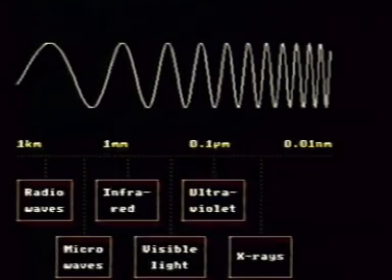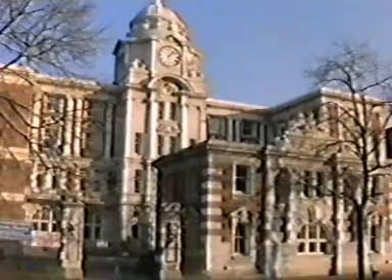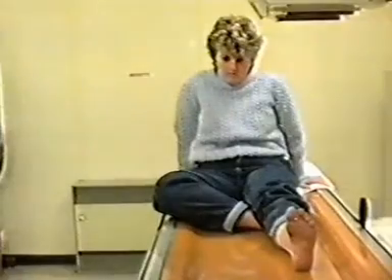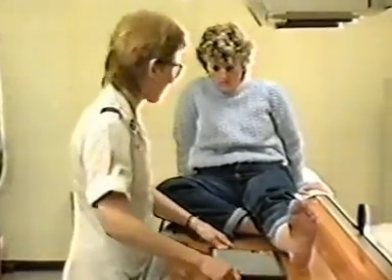UV can penetrate more than visible light, but X-rays can penetrate even more. X-rays can pass through the body's soft tissue to show the bones. This penetrating property of X-rays is used in hospital to detect broken bones.